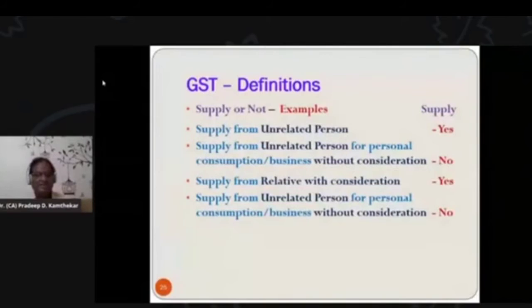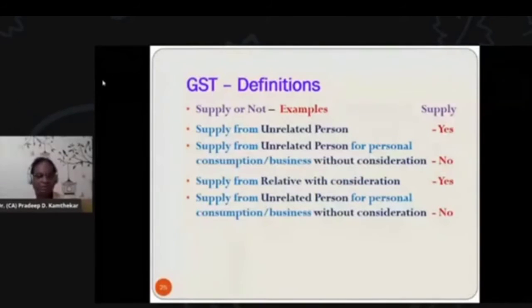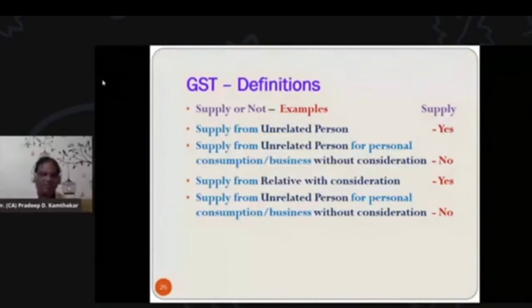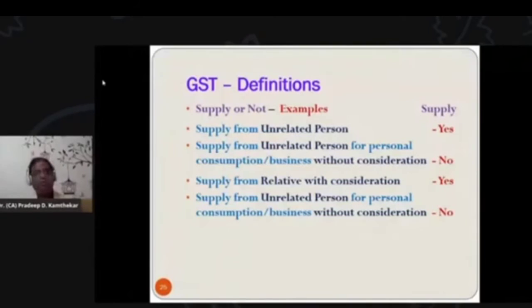Now, let us see these examples to make you understand whether it is supply of goods and services or not. Just to make it very simple. Now, when there is a supply of goods and services from an unrelated person, a third party giving me some goods or services, there are people who say that we are giving it free.